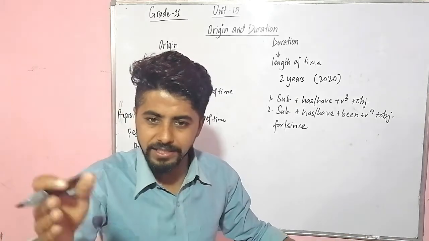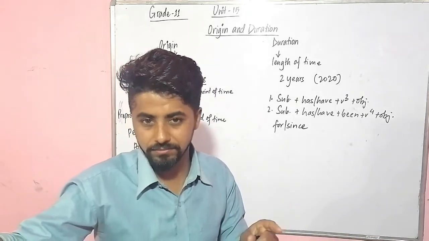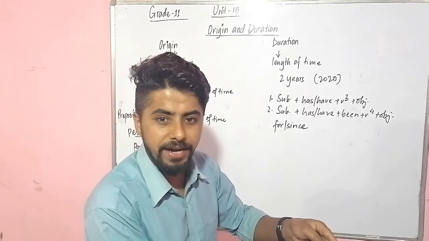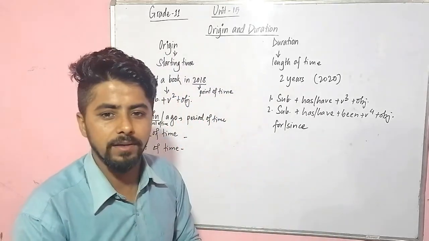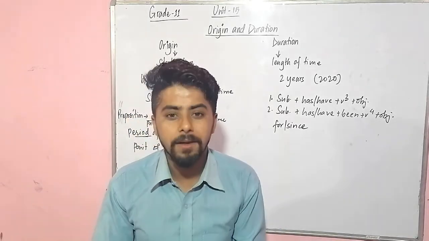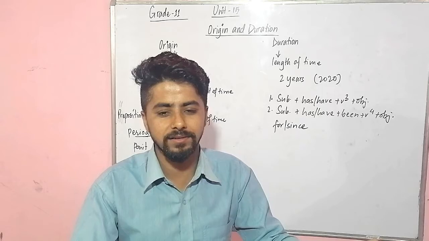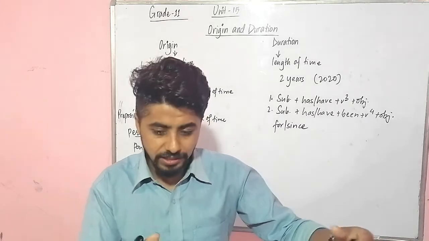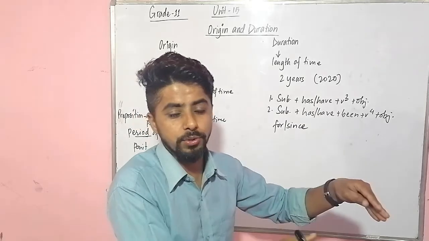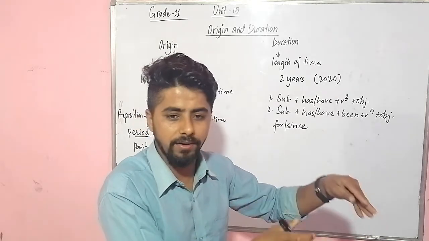I have been teaching since 2015. 2015 is the point of time because it is specified. So since is used here. I have been teaching for 5 years. 5 years is period of time, that is duration. It is the length of time. So with period of time we have to use for.